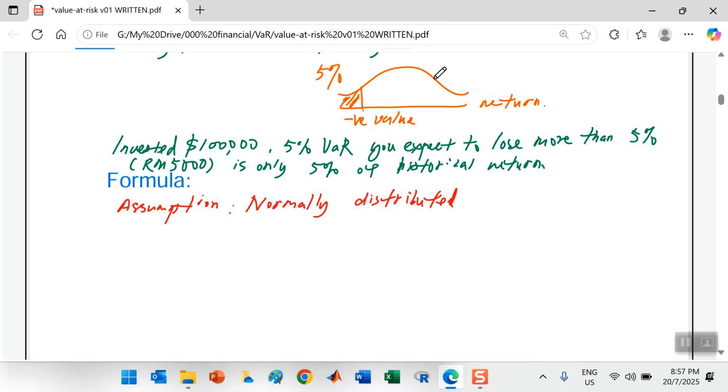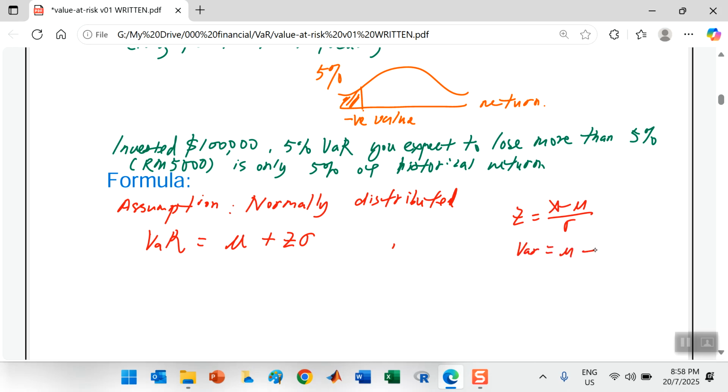In this case, we can use the formula VAR, which is the mean of the returns plus Z sigma. This is related to the normalization of the Z value: we have Z equals X minus mu over sigma. So if X is the returns, the value at risk is actually the returns level. So if X refers to VAR, then this will be mu plus Z sigma. Okay, so this will represent this value.